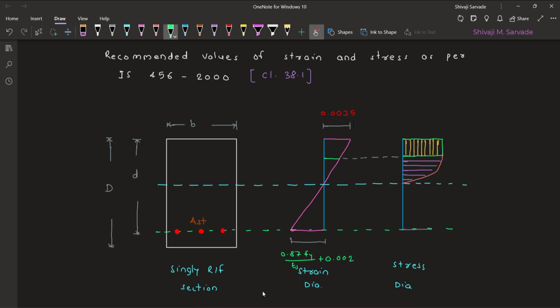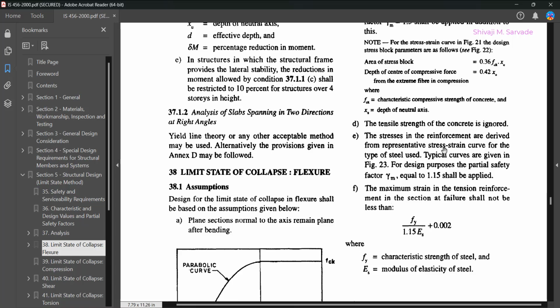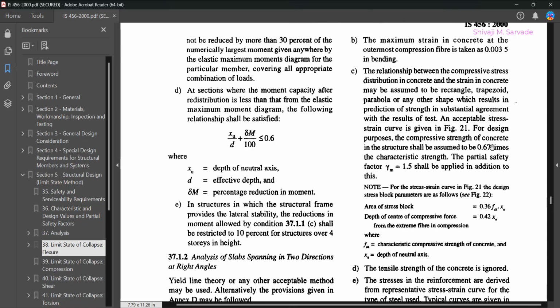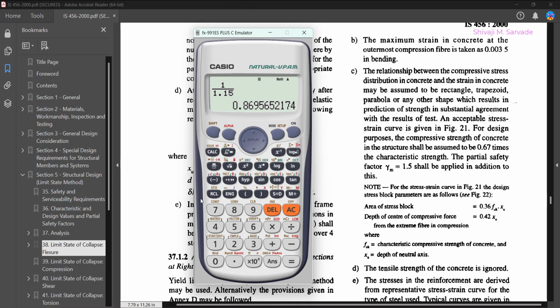Now the code again says that the maximum stress, now we talked about strain, let's say the stress that we need. So for design purposes, the compressive strength of concrete shall be taken as 0.67 times the characteristic strength, and further we'll have to apply a partial safety factor of 1.5. So let's say we have 0.67 as our strength.